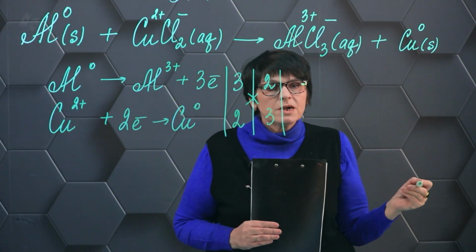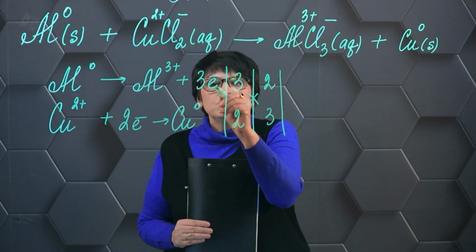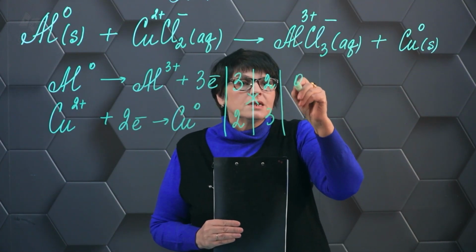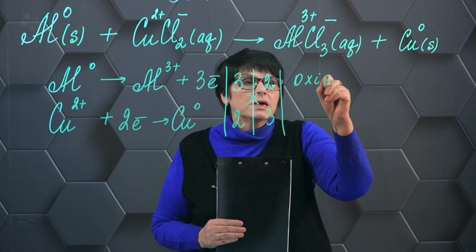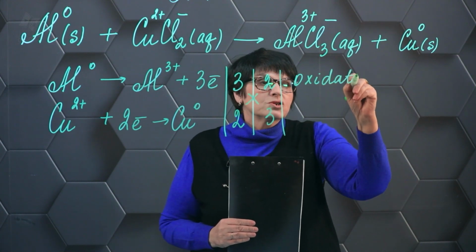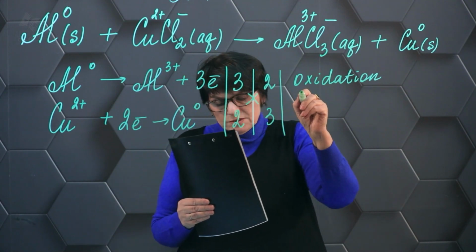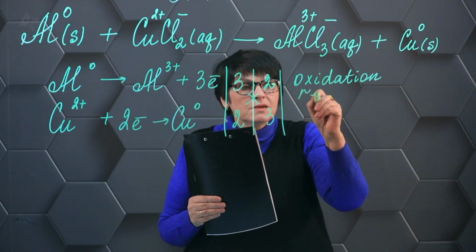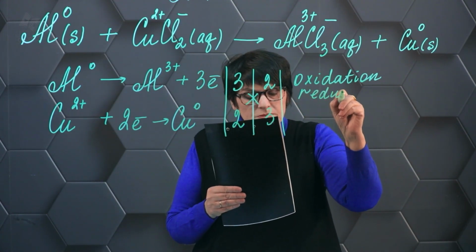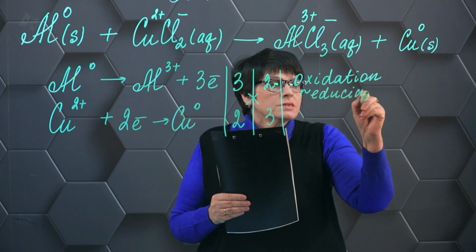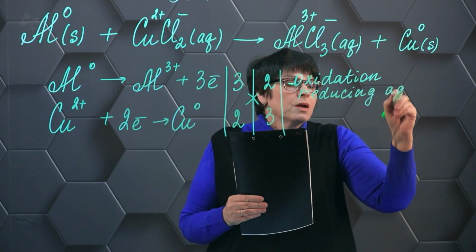Now, what are these processes called? Aluminum loses electrons. It's an oxidation process. Let's sign it. And aluminum itself will be called, respectively, the reducing agent.